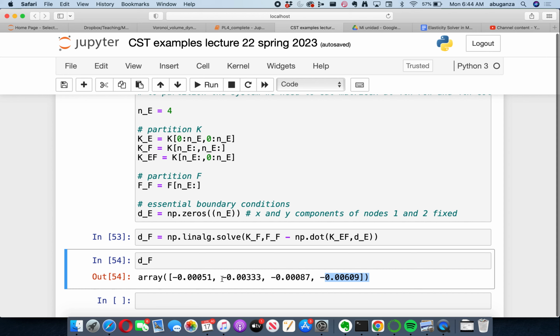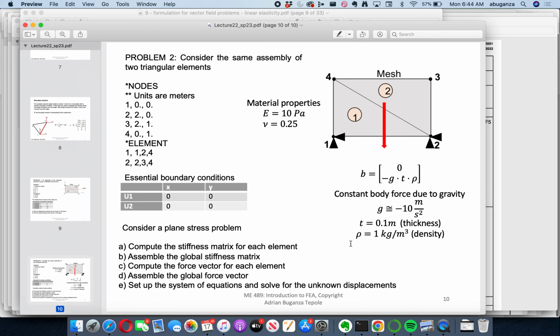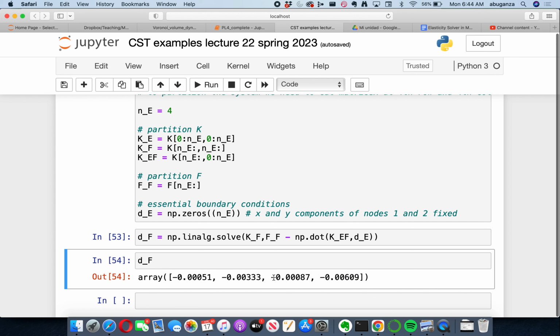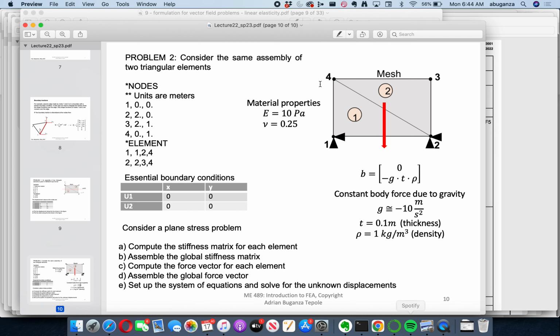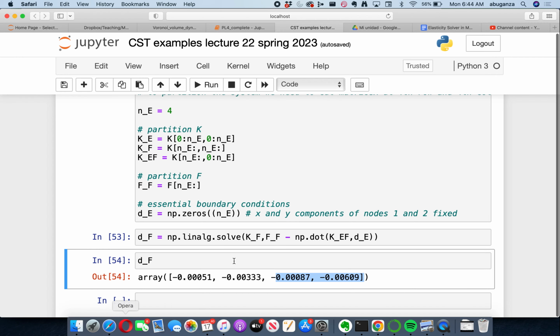So these two correspond to the displacement of the third node, the global node. And this last two, minus 0.00087 and 0.00609, are the x and y components of the displacement of the fourth node. And that's it.